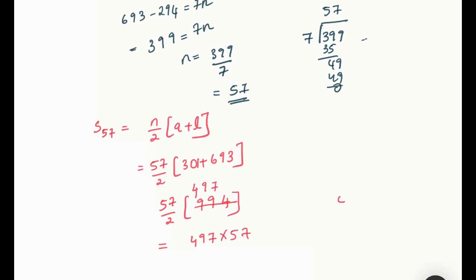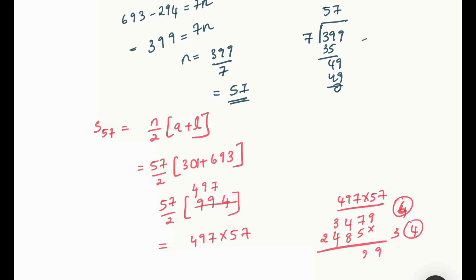So what are you getting? 497 into 57: 7 sevens are 49, 4 carried, 9 sevens are 63 plus 4 is 67, 6 remains, 7 fours are 28, 28 plus 6 is 34, into 5: 5 sevens are 35, 5 nines are 45, 45 plus 3 is 48, 4 remains, 5 fours are 20, 20 plus 4 is 24. So the answer is 28,329.